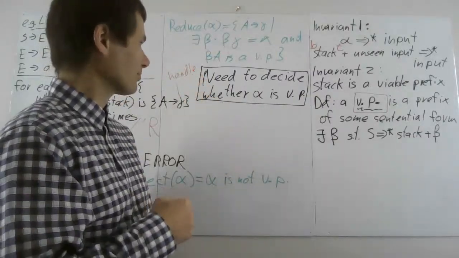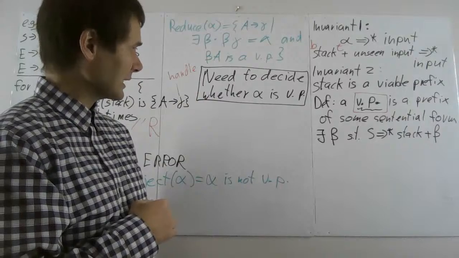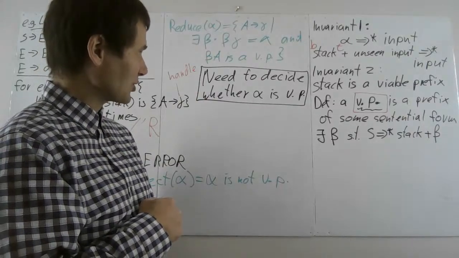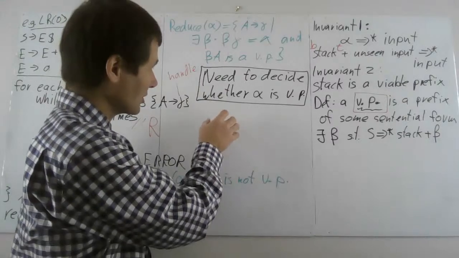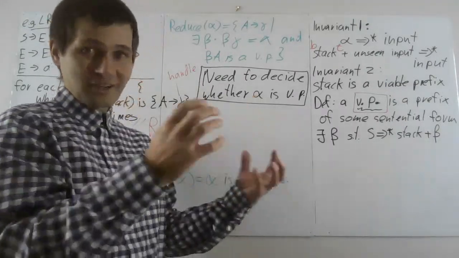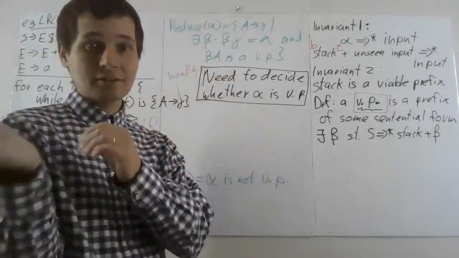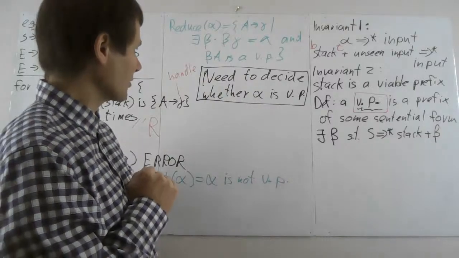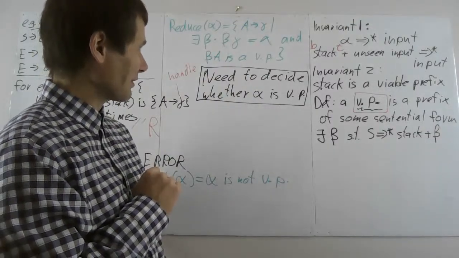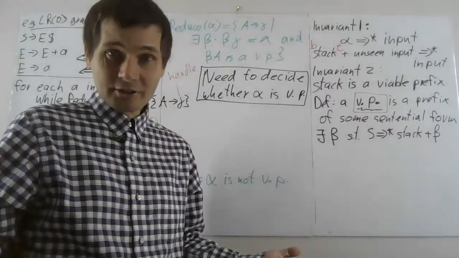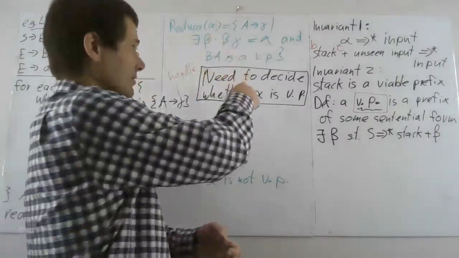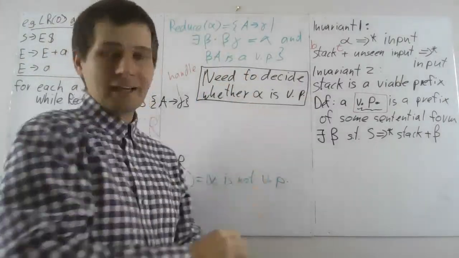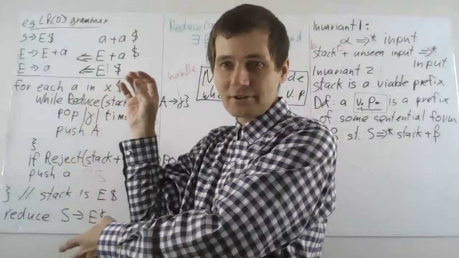So you could write a context-free parser for that set. And remember, what a parser does is it answers the question, given alpha or some string, is that a string in the language of the grammar? So if only I had a parser, I could use that parser to decide this question, and then I could implement my parser.